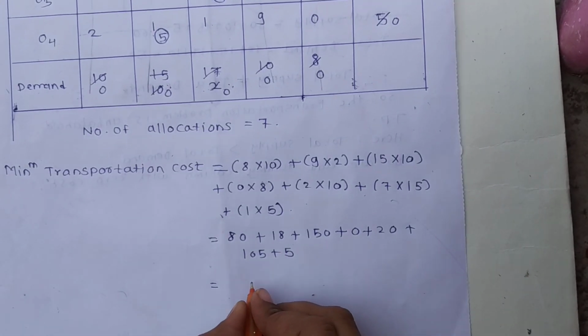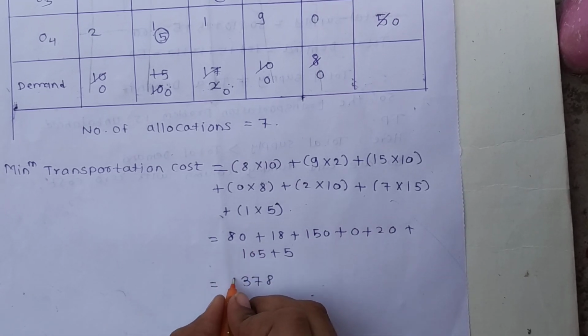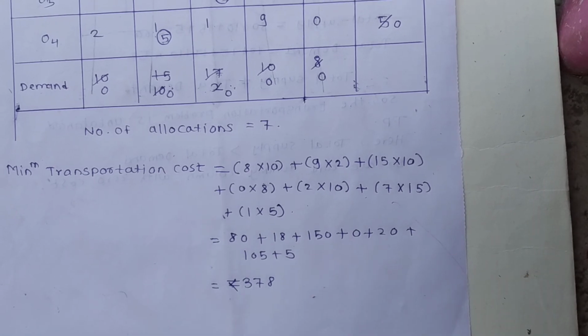So this equals 378, and the cost is therefore rupees 378.